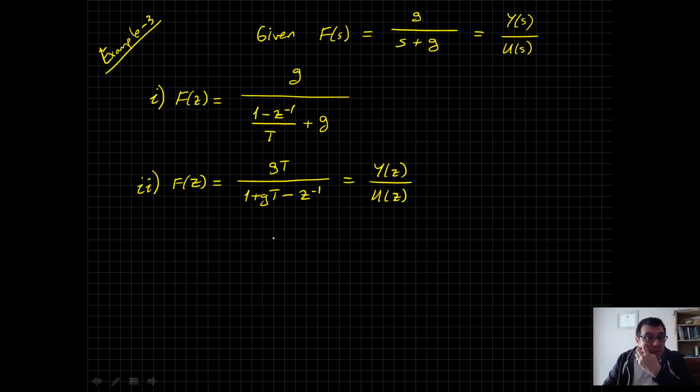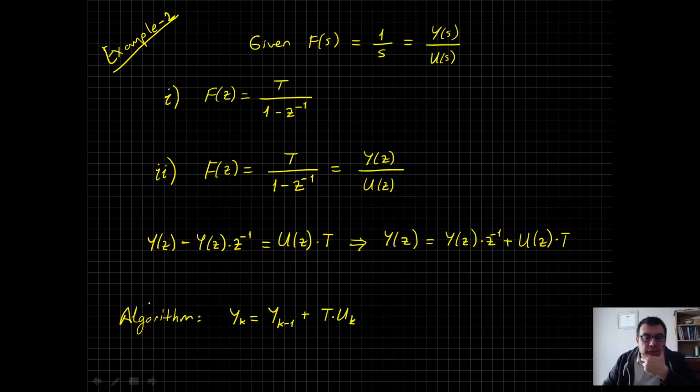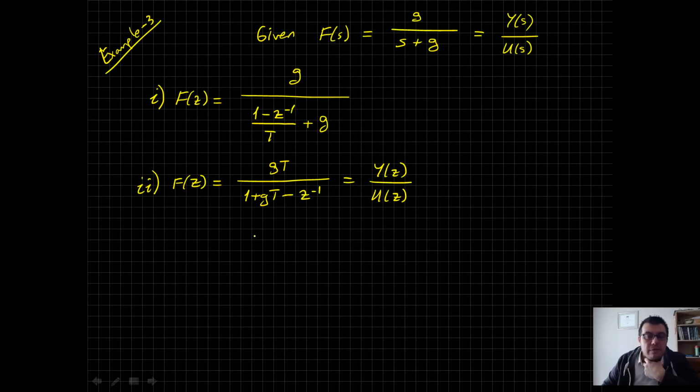Okay, that's the way we move to discrete domain, and then what we need is to create a recursion and an algorithm from there. And while doing so, we are trying to leave y of z alone. Let's see. Y of z times 1 plus gt in this domain minus z^-1, which means put one step delay.